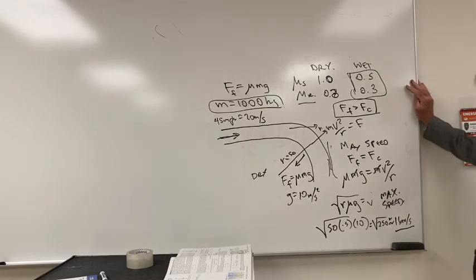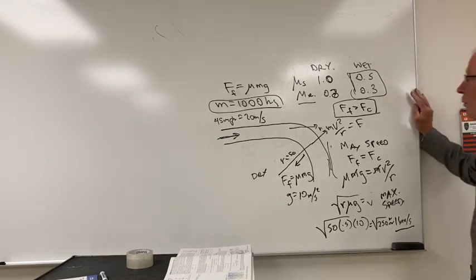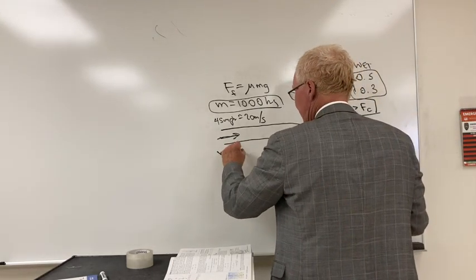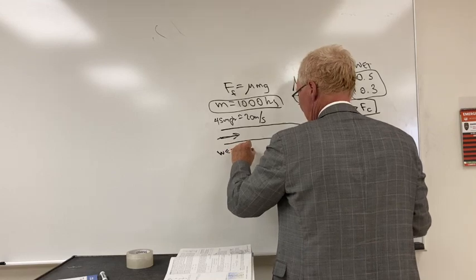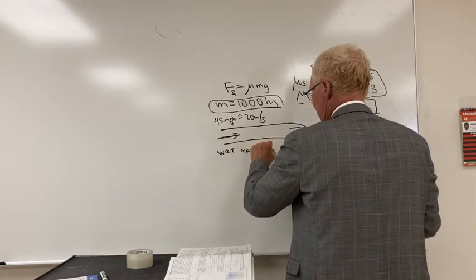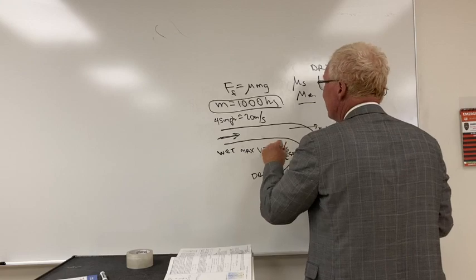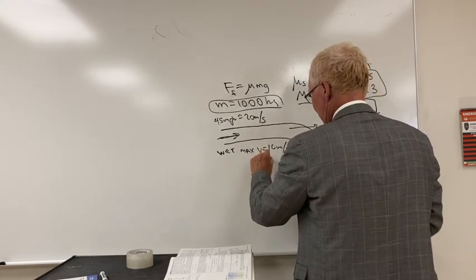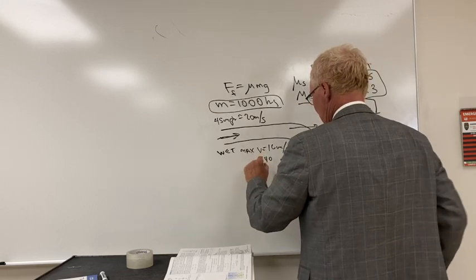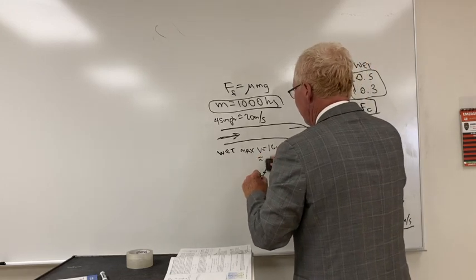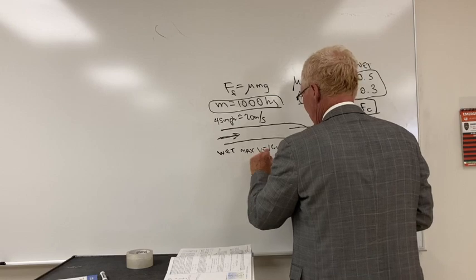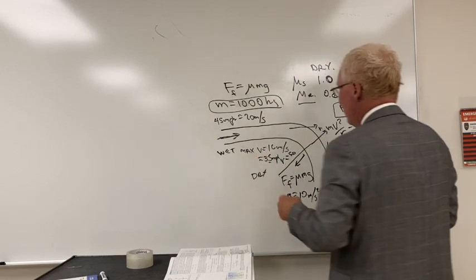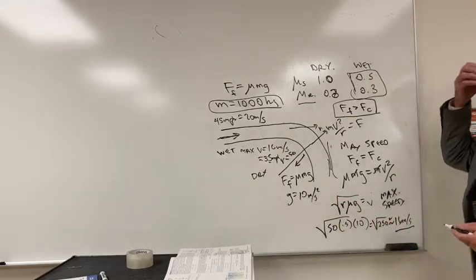All right. So when it's wet, max v is about 16 meters per second, or roughly 40 miles per hour. No, not even that, about 37. Let's say 35 miles per hour. So that's what happens when it's wet, all right?